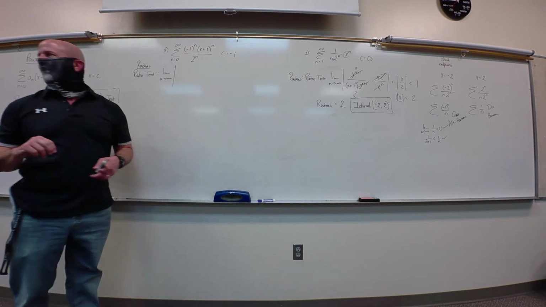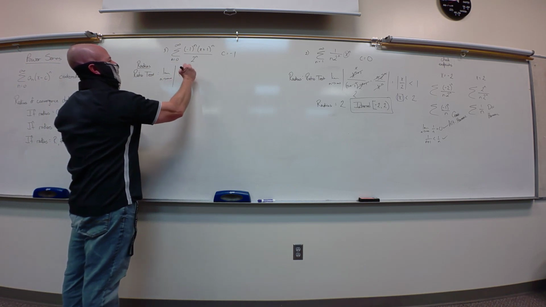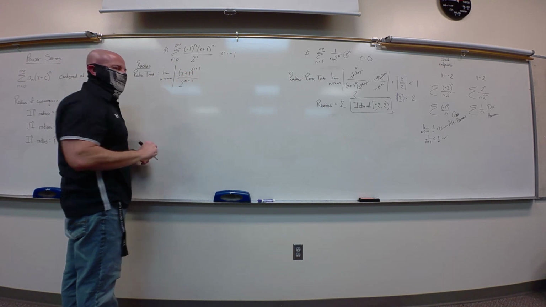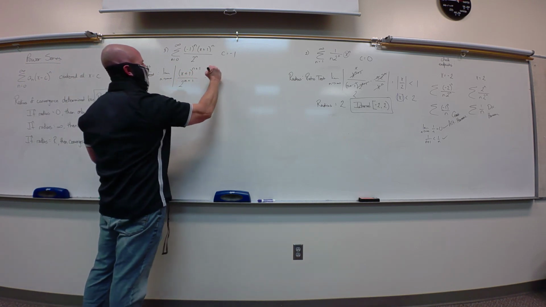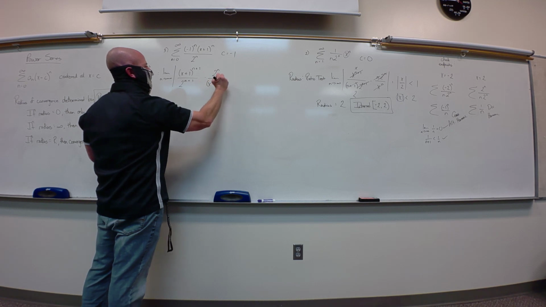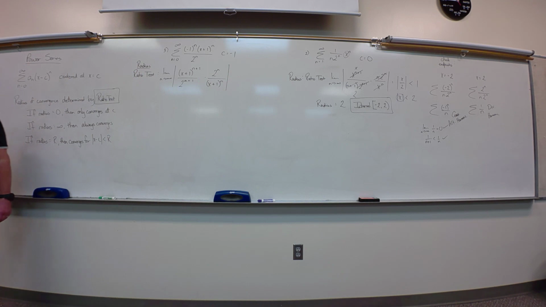Let's see, we're going to have x plus 1 to the n plus 1 over 2 to the n plus 1, times 2 to the n over x plus 1 to the n. Again, I left the negative 1s out. For absolute value, they're not going to matter.